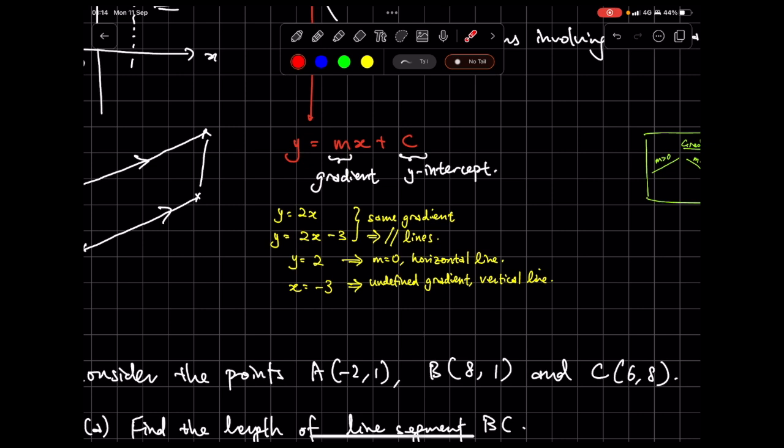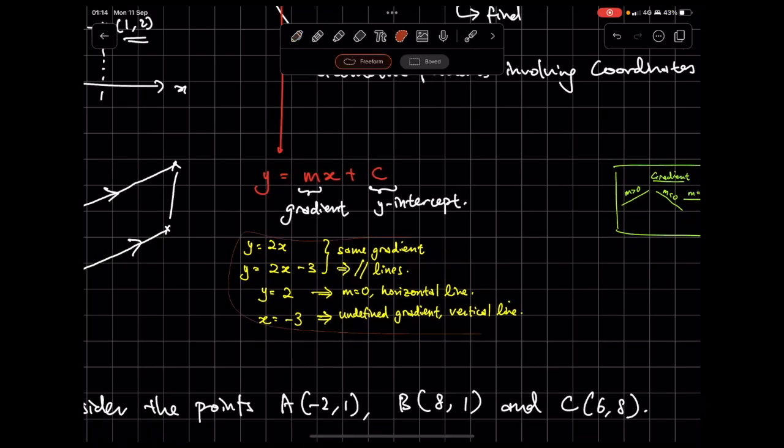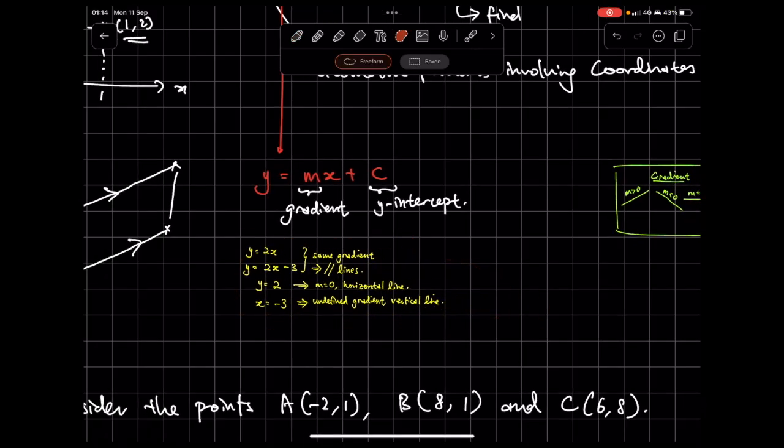But you can take it a step further and talk about how lines with the same gradient are parallel, or lines with special gradients, maybe 0 or undefined. Those are special lines like horizontal and vertical, right?